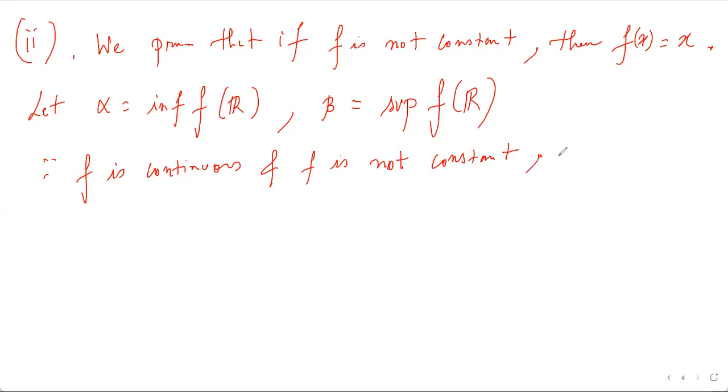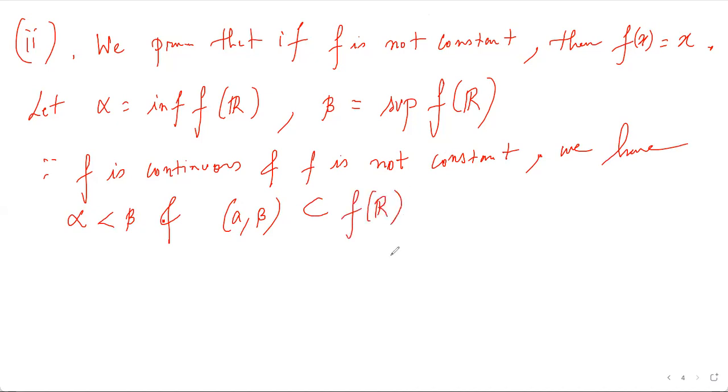So then we have alpha is strictly less than beta, and the interval alpha comma beta is a subset of the range f of R.